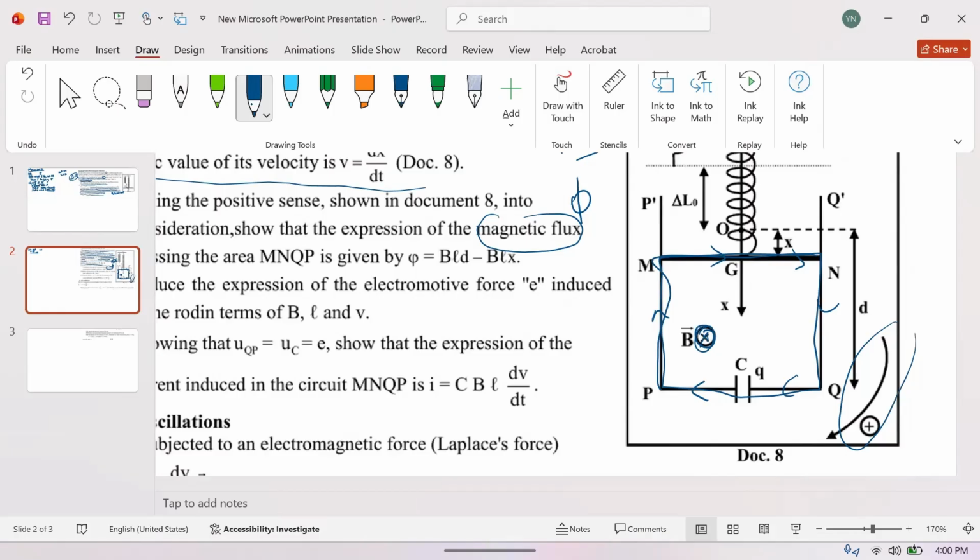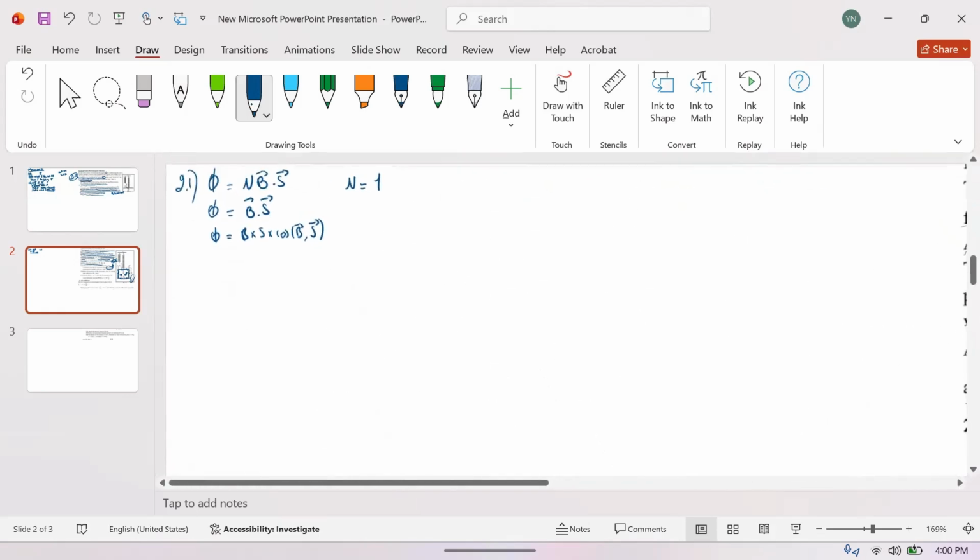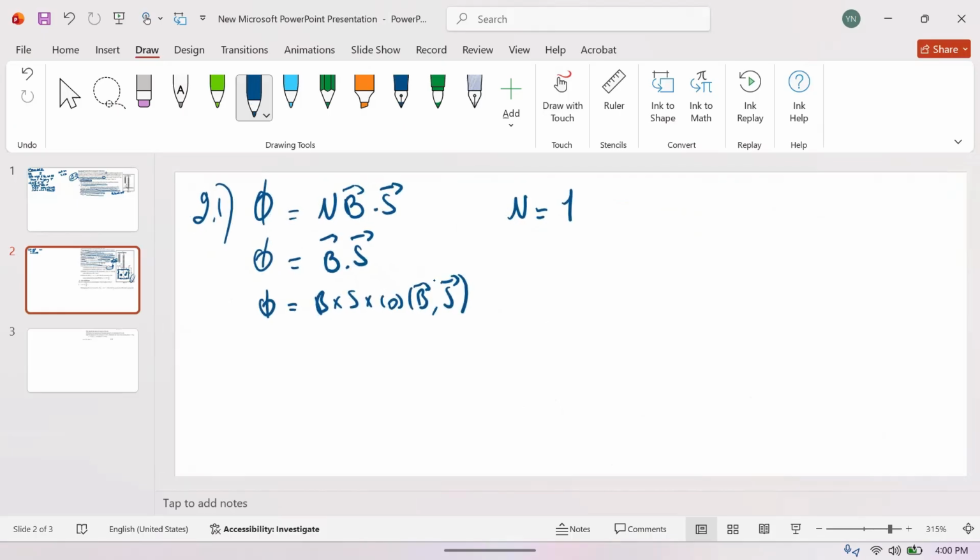You have to rotate your fingers like this. And all the way, you would have your thumb going downwards, also inwards the screen. It's not coming out of the screen, it's going in. So the vector S of the surface should also be going into the screen. So the angle between B and S is actually 0 degrees.